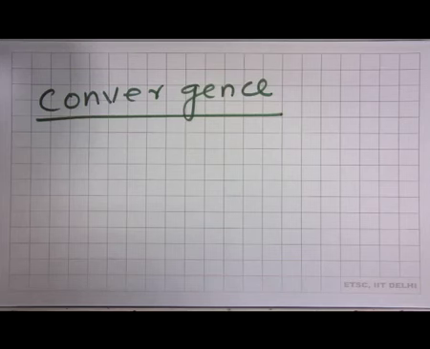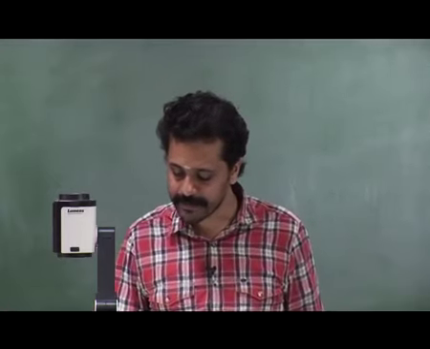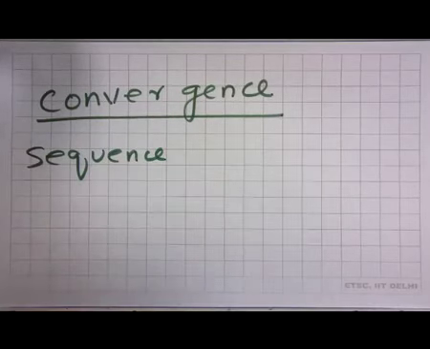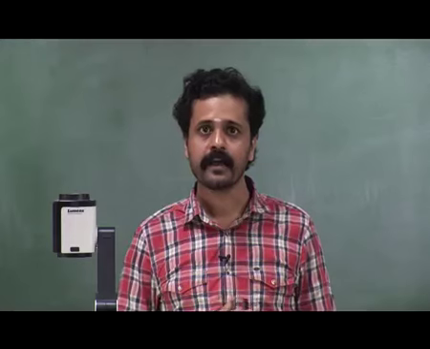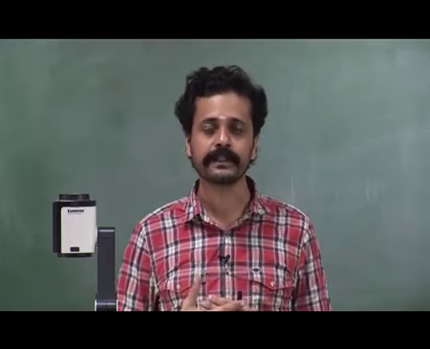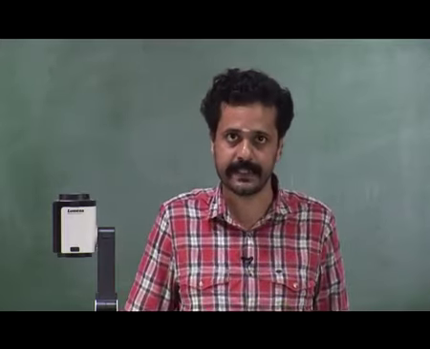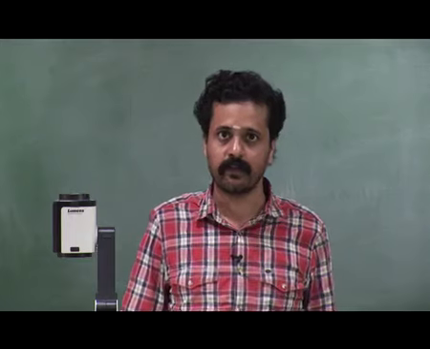The word convergence is attached with both sequence and series. Convergence for a sequence is something that says what happens to the sequence as you progress towards the tail end of the sequence.